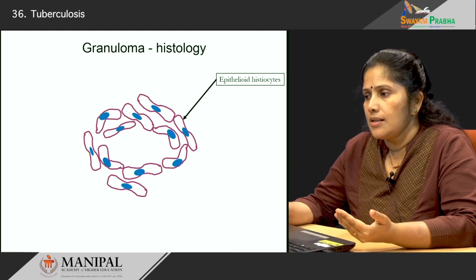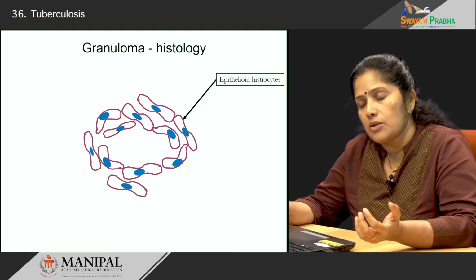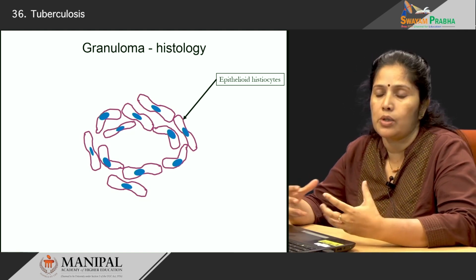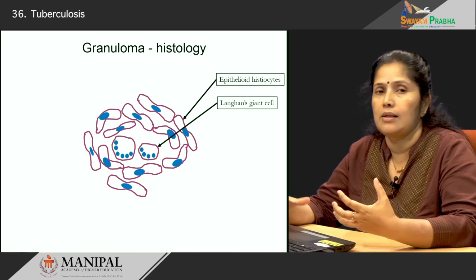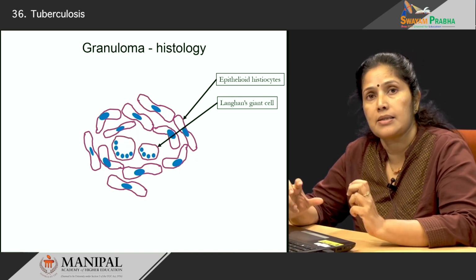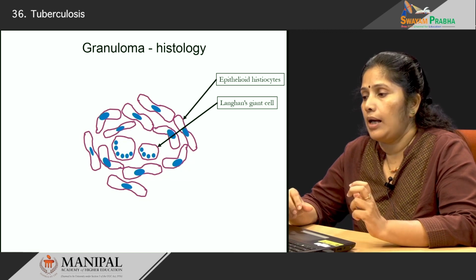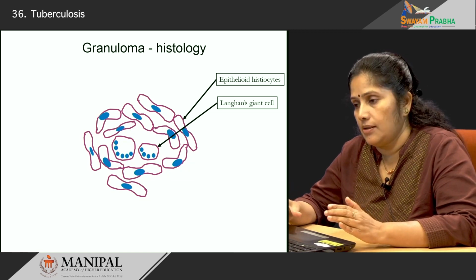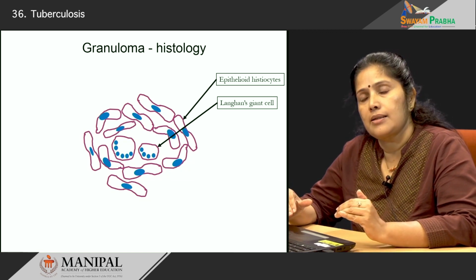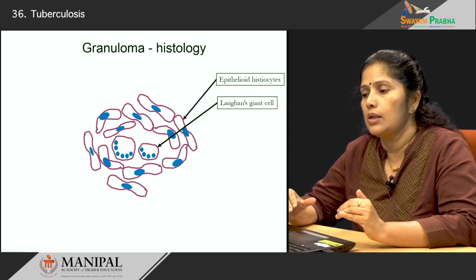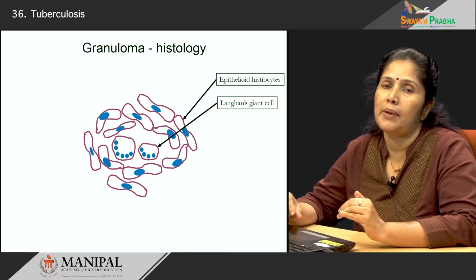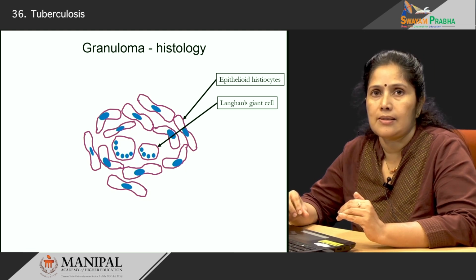Now, as the disease progresses, these epithelioid histiocytes fuse, join together and form large multinucleated cells, and these are known as Langerhans giant cells. If you look at a Langerhans giant cell, you will see that the nuclei are arranged around the periphery of the cell.